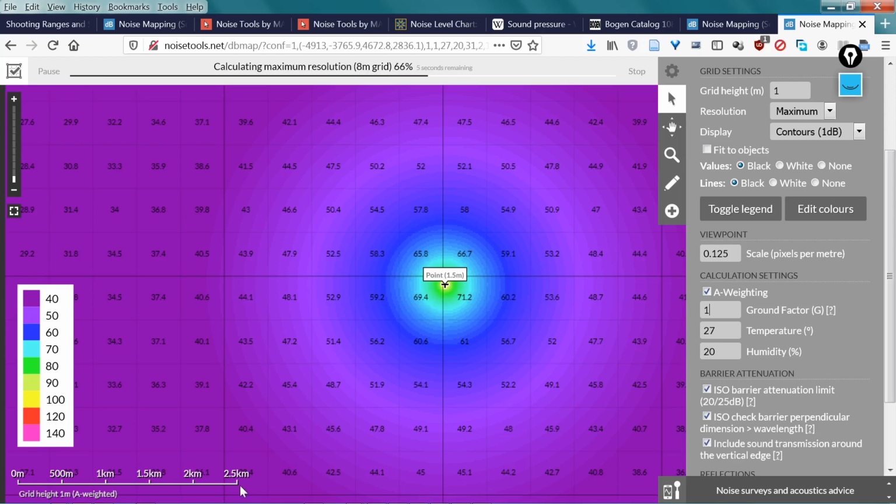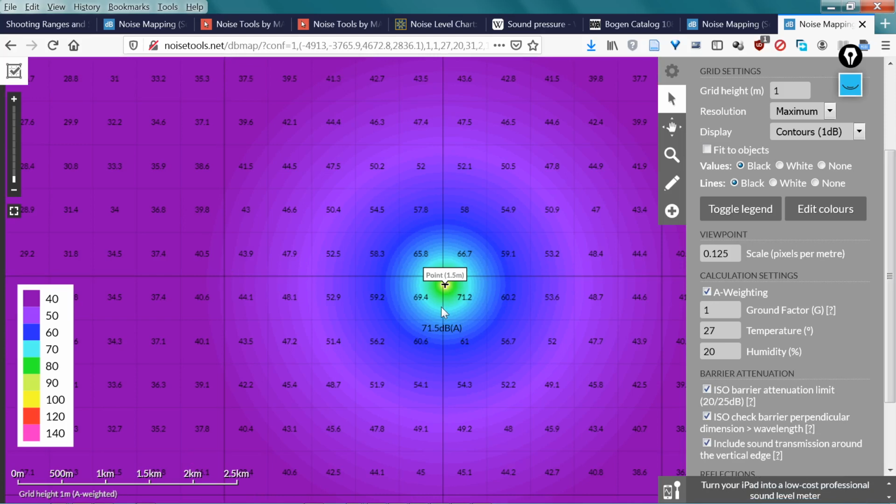The whole thing was 2.5 kilometers divided by 500 meters, so half of that would be 250 meters, so 750 feet. By the time you were 750 feet away, the muzzle blast of a gunshot on grass would already be about the same level as a conversation. So you can see there's a huge difference here based upon the type of the ground.